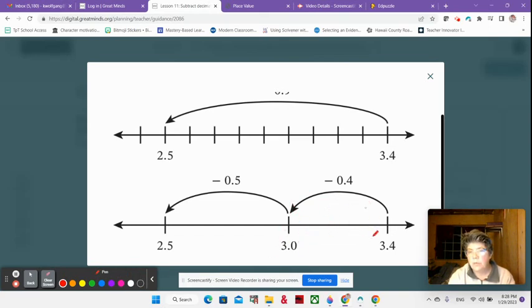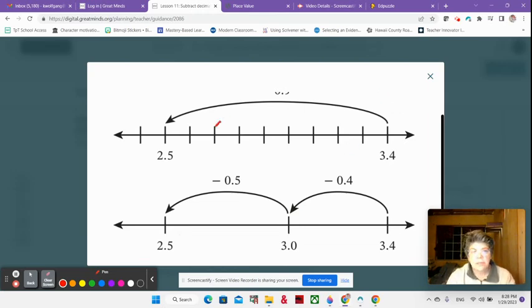And we don't need to draw the tenths in here because we know 3 4/10 minus 4/10 is going to be 3 0/10. It's a benchmark place. Taking away 4/10 is going to land us with 3, and then taking away 5/10, that's going to land us with 2 5/10. So whatever is comfortable for you is what I would hope you would use, right?